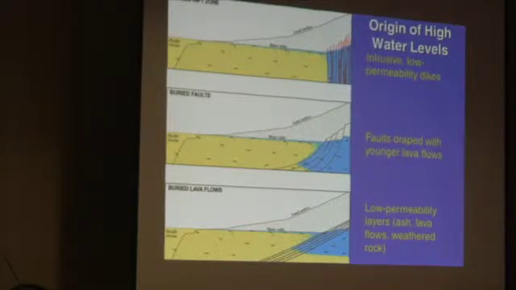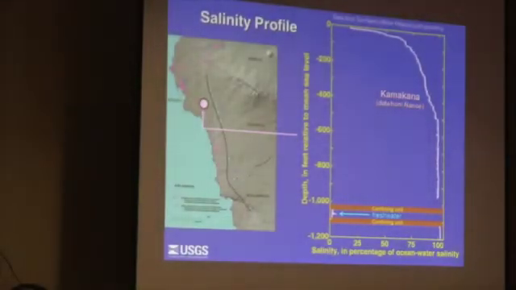And also in the bottom picture, it shows buried lava flows. It could be also maybe ash layers or weathered rock that form a low permeability contrast in the aquifer that causes this water level change. We don't know what it is yet, but hopefully in my lifetime we'll figure it out, but I'm not convinced that we will. Next slide.